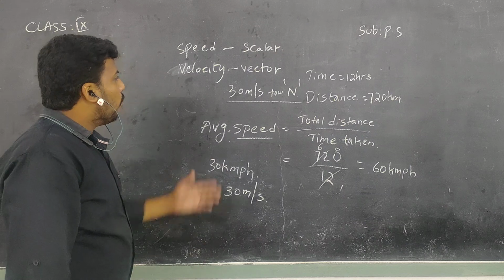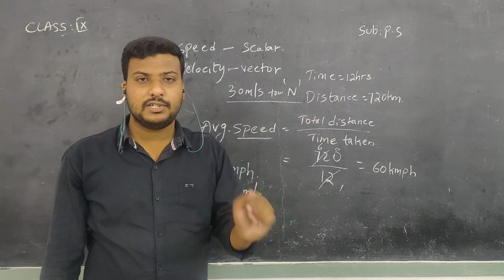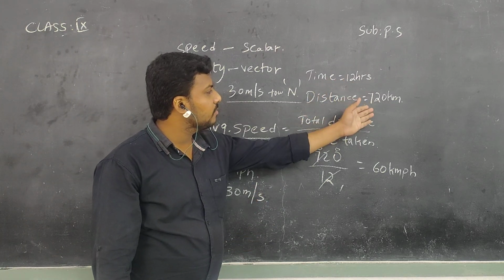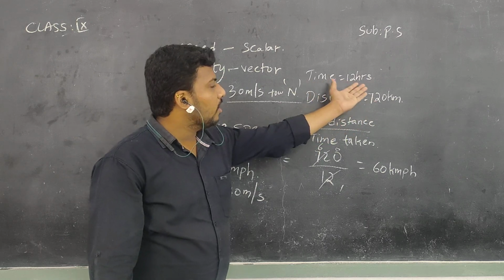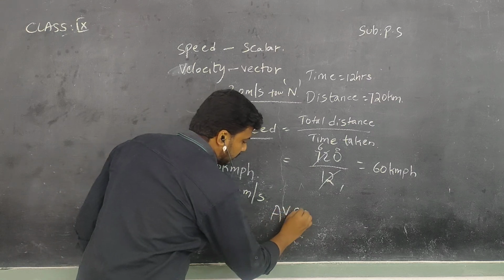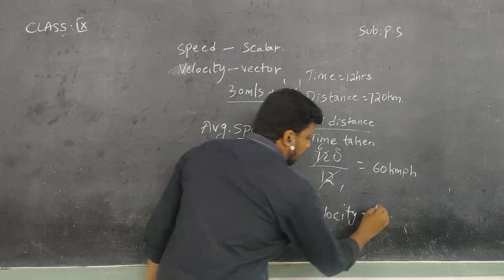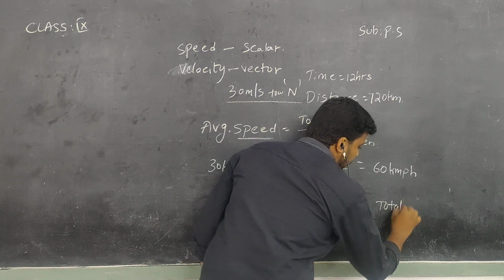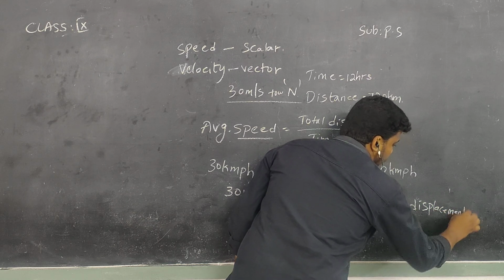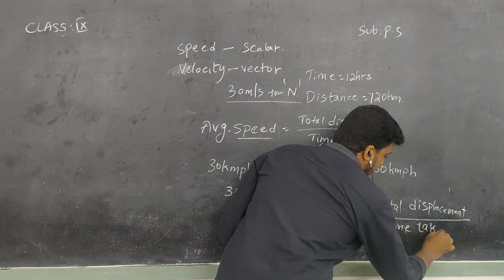Okay, right now, what is velocity, sir? Velocity means it says in which direction the object is moving. Yes. So right now the entire distance is 720 and 12 hours is the time. Now, if you want to measure average velocity, then there is a formula again: total displacement by time taken.